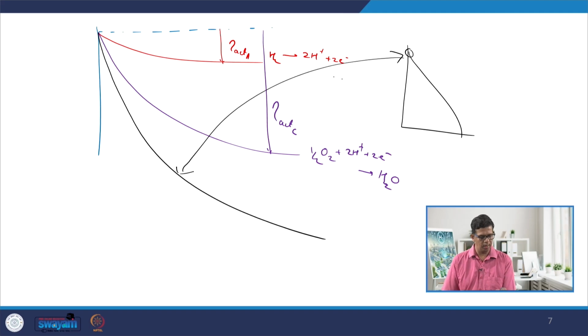And this basically has, at any given point, the sum of the respective overpotentials at anode and cathode.